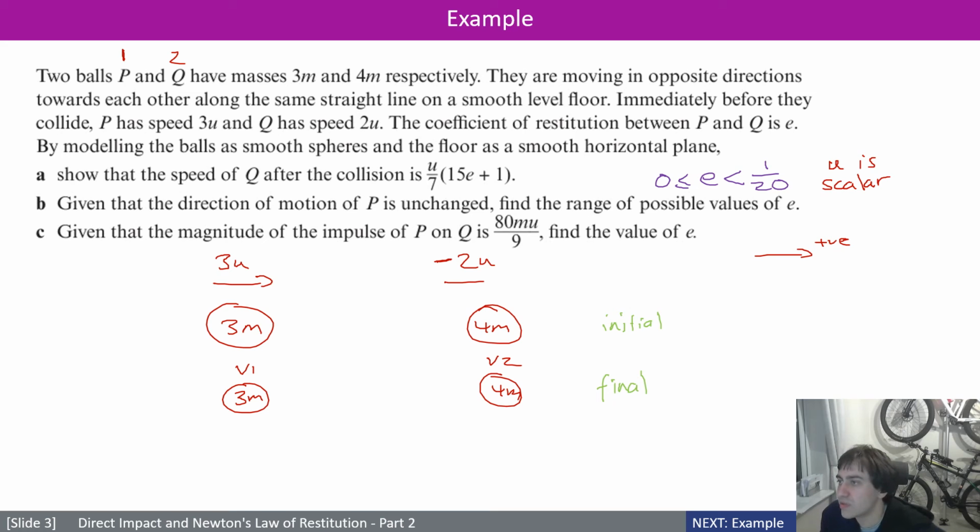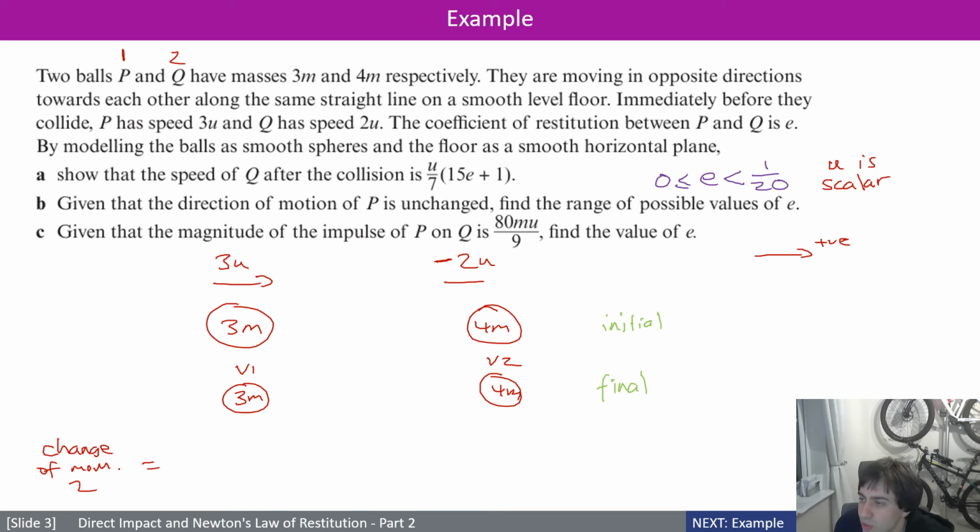The magnitude of the impulse of P on Q. So in other words, the change in momentum of Q, right? It actually doesn't matter that P caused it. The point is Q changed its momentum due to the influence of P. So the change of momentum of Q is therefore, that's our object 2. Let's just call it 2.